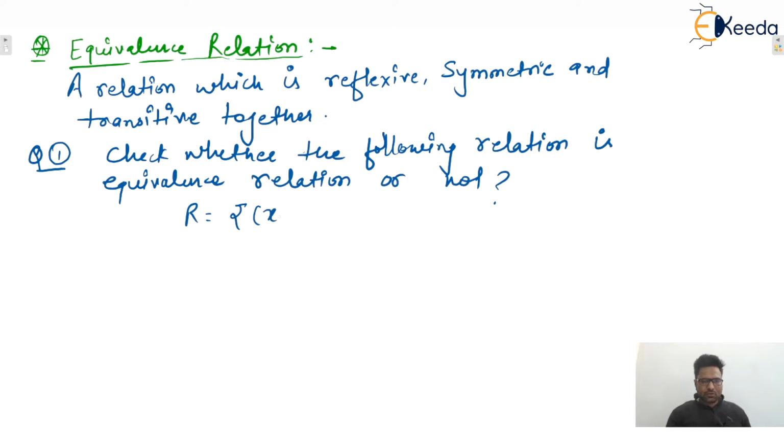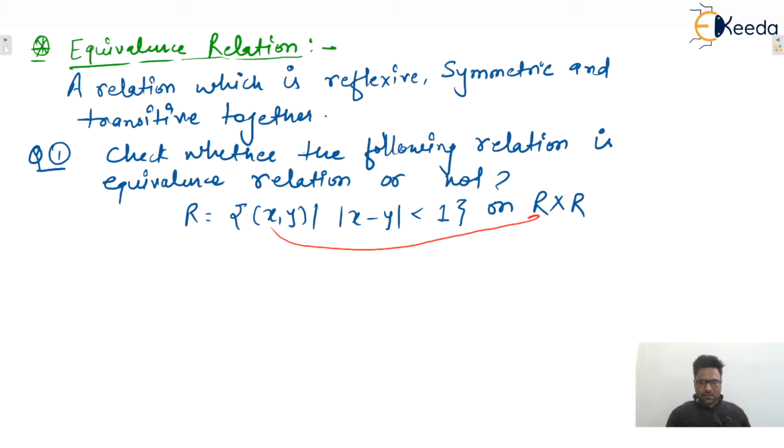Let's say (x, y) such that |x − y| < 1 on R × R. That means set of real numbers to set of real numbers. That means x belongs to the set of real numbers as well as y belongs to the set of real numbers.